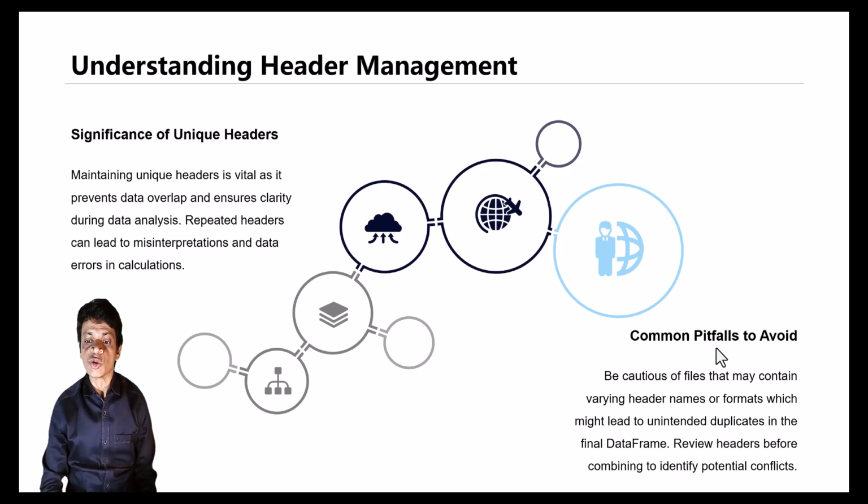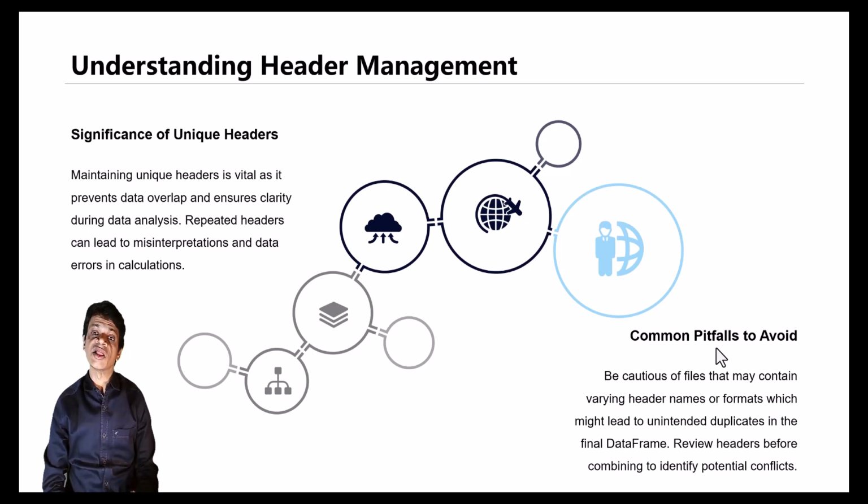So these are all the common pitfalls to avoid. Be cautious. The header names and format should remain, and you should not duplicate them. Why? Because sometimes I can see address 1, address 2, address 3. What if we keep the address column twice?